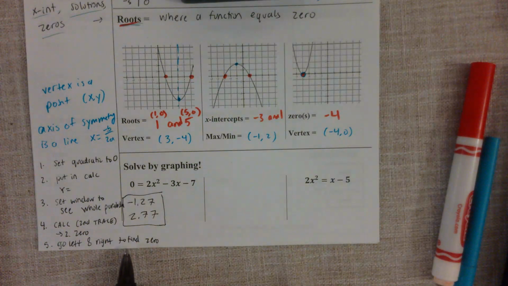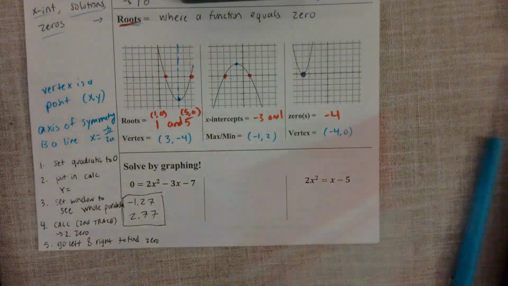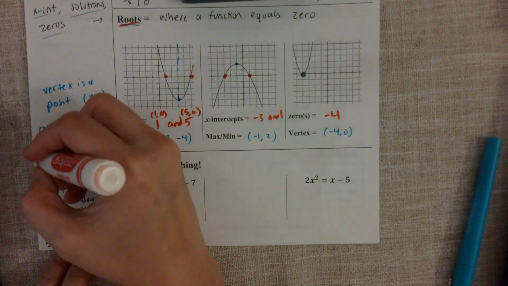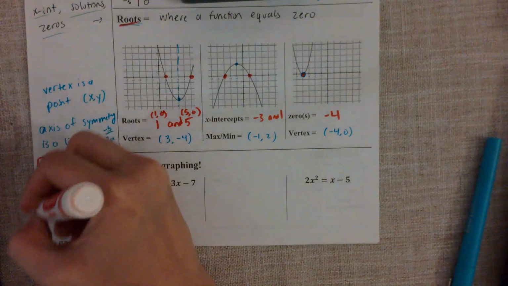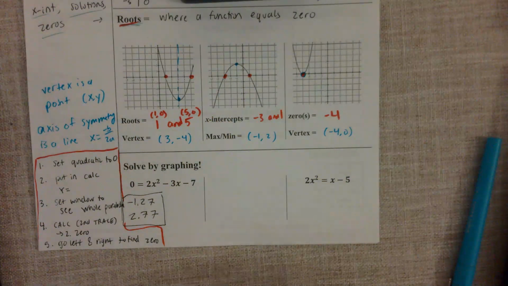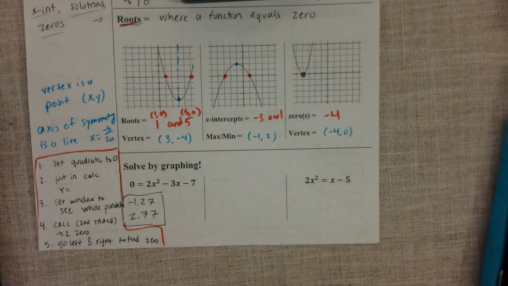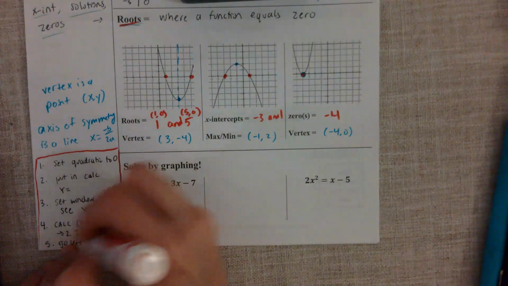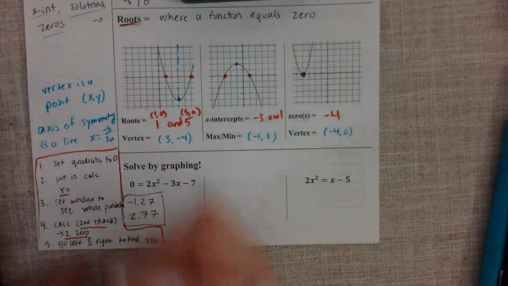Right, so you're going to usually do step 2 twice because there's 2 zeros. So just do a little box here, right? These are our steps. And then this is the second trace, second 0, y equals.